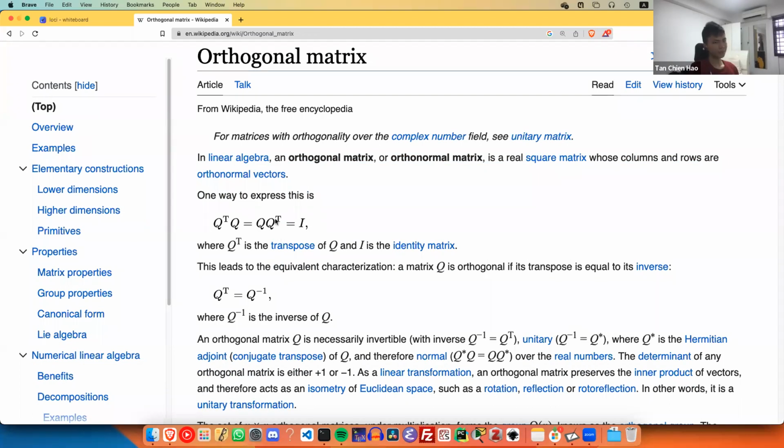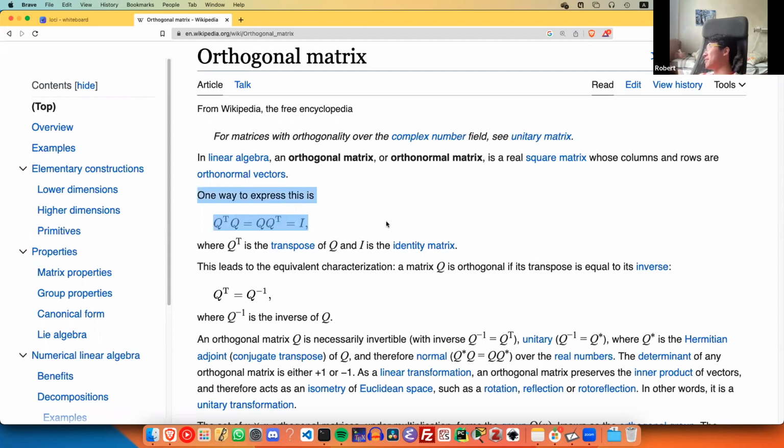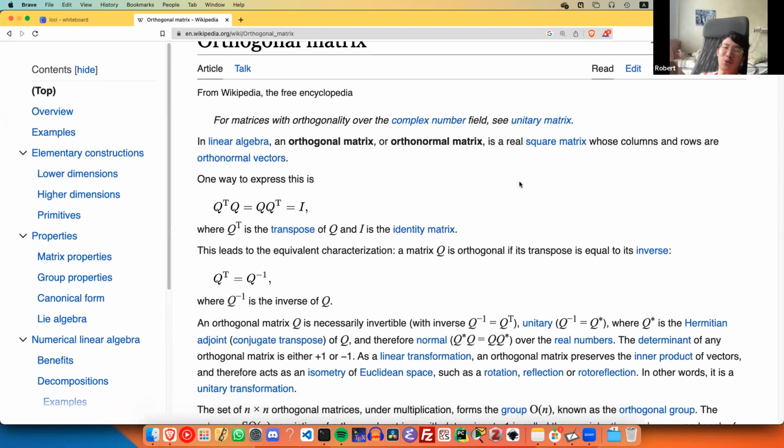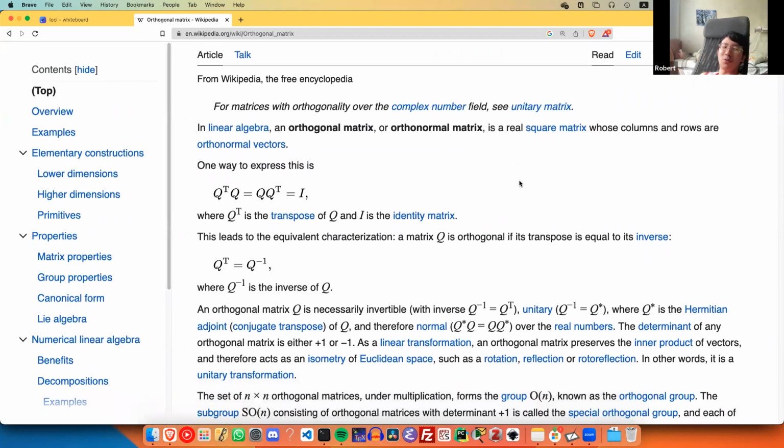Not really at the moment, because if we think of Q transpose as a map from V star to V star, then this doesn't make a lot of sense, right? What is this normality? Is it the same as the group theory normality? Oh no, as in orthonormal. No, as in below it says it's normal: Q star Q equals Q star.